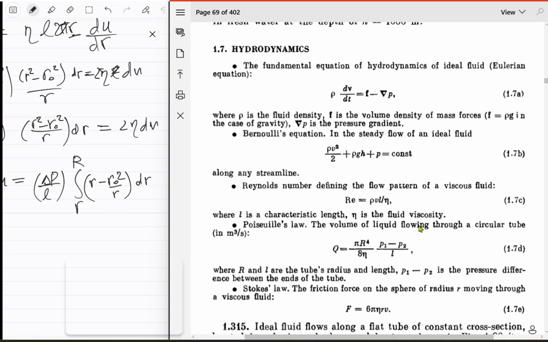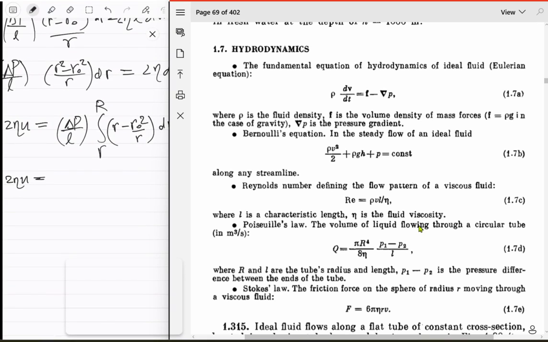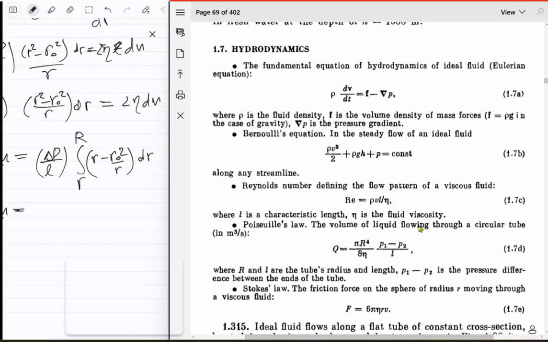Why is this including a natural log term? I don't like this. If r naught was 0 somehow, then this would work out perfectly, but it's not 0, so you will have a natural log term. I don't like this. So 2 eta u is equal to, oh god, are you serious about this?